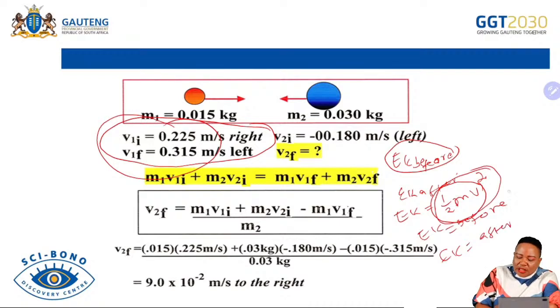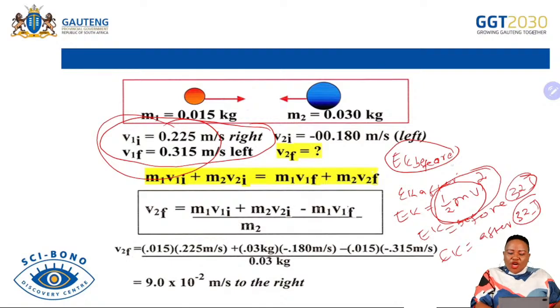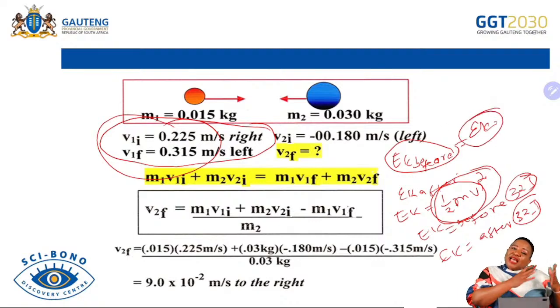If the values, let's say we have 2 joules before collision and 2 joules after collision, if the two values are the same, you don't just say EK before is equal to EK after. We don't conclude before we calculate. To say it's elastic or inelastic, you must find the kinetic energy before collision and the kinetic energy after collision. Then you come up with the conclusion to say the collision is elastic or inelastic.